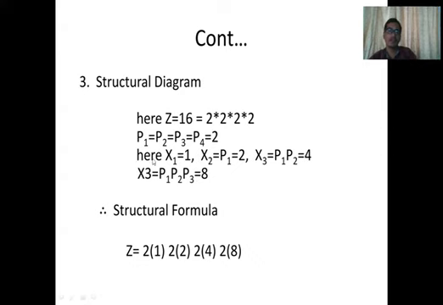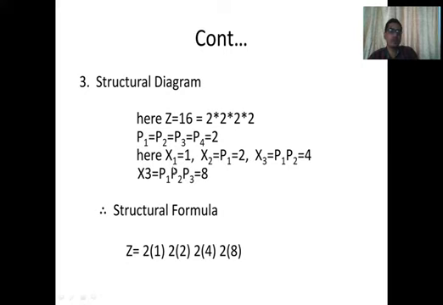Then P1 is equal to 2, P2 is equal to 2, P3 is equal to 2, and P4 is equal to 2. Now for the structural formula, the standard structural formula is Z equal to P1^x1, P2^x2, P3^x3, and P4^x4. So we have to calculate the x1, x2, x3, and x4 values.